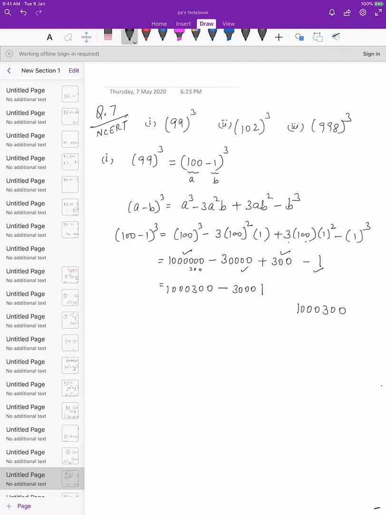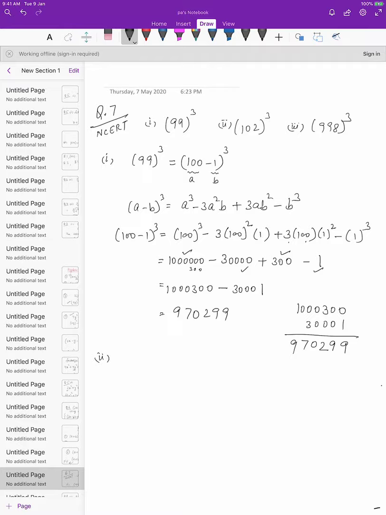Minus 30001 will give you 10 minus 1 is 9, 9, 2, 0, 7 and then 9. So the answer will be 970299. It means if you multiply 99 3 times, you will get this as the answer.